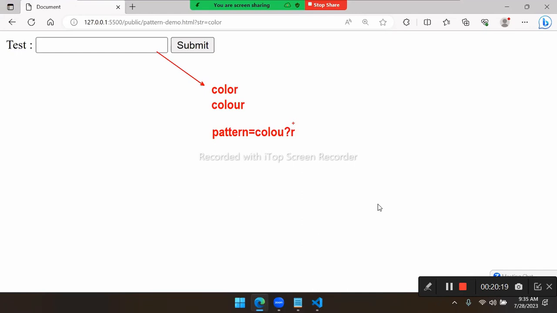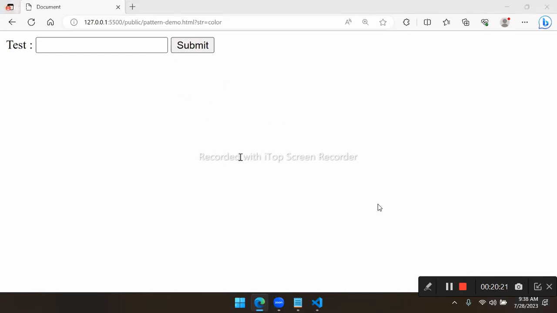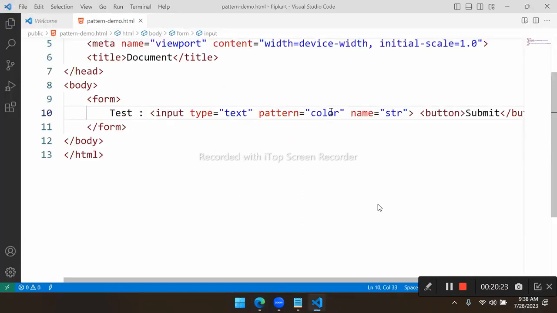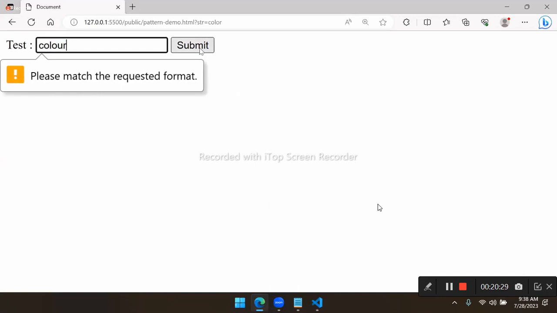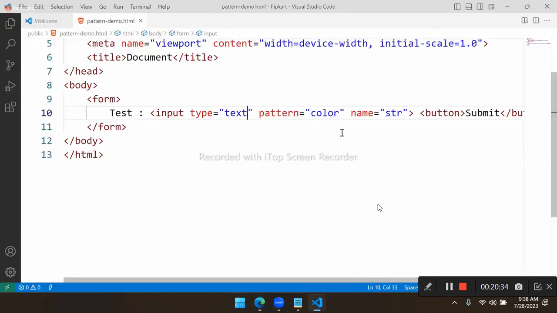So now, let's put that expression and see. In the pattern, I am currently typing COLOUR. It's not allowing it, because actually here the spelling is COLOR only. So COLOU, and this U occurrence can be 0, so I put a question mark.